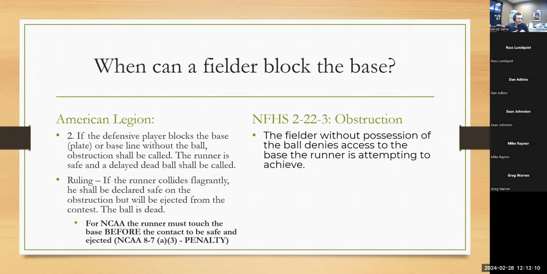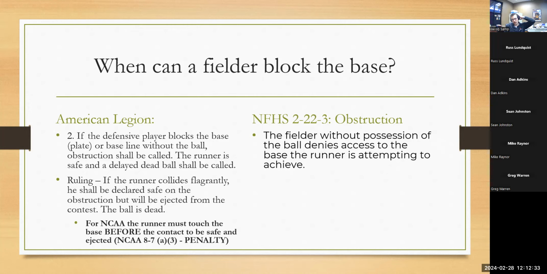And it's safe, and it's a delayed dead ball. This is important in Legion: if there is flagrant contact and we have obstruction, the runner is safe, the ball is dead, and the runner is ejected.